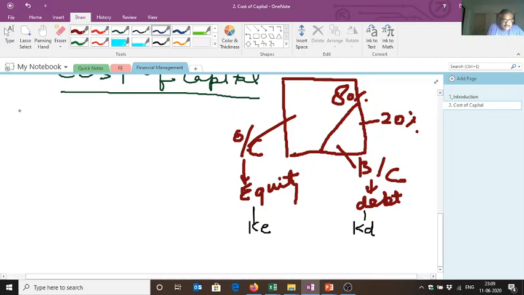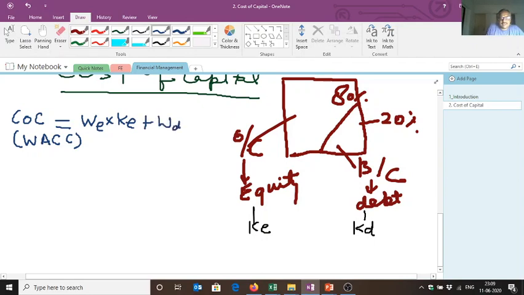Cost of capital, also known as WACC, which I'll elaborate on shortly, is defined as weight of equity times cost of equity plus weight of debt times cost of debt.